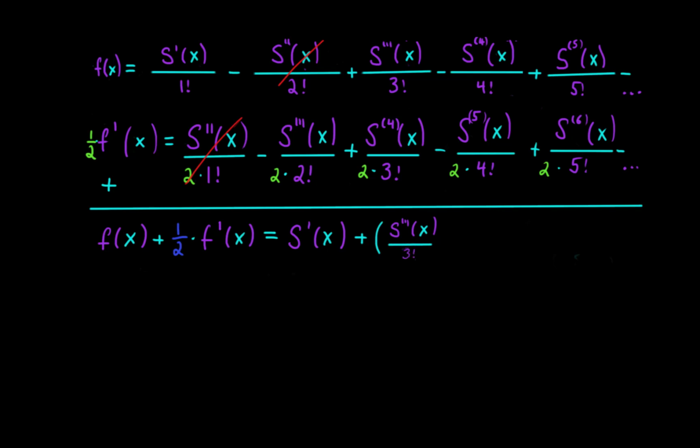And then we're left with plus s triple prime of x over 3 factorial minus s triple prime of x over 2 times 2 factorial. I'll close parenthesis on that.